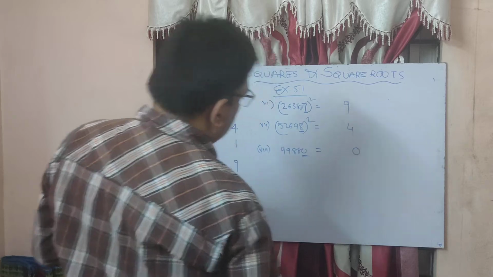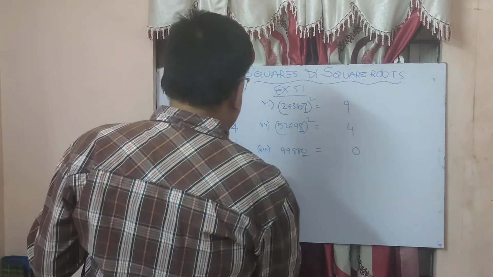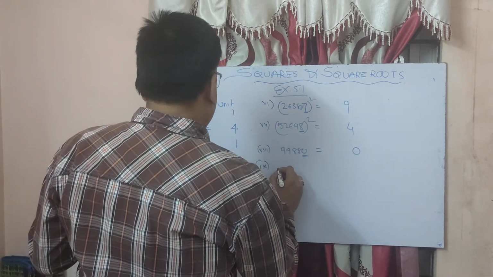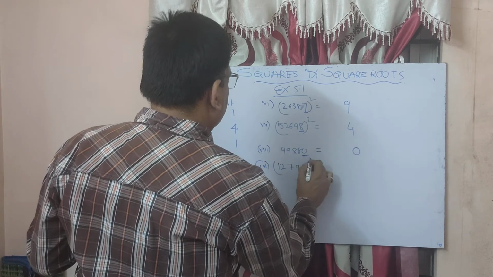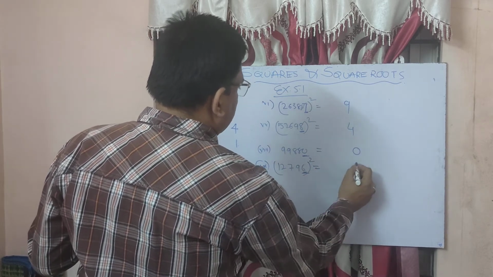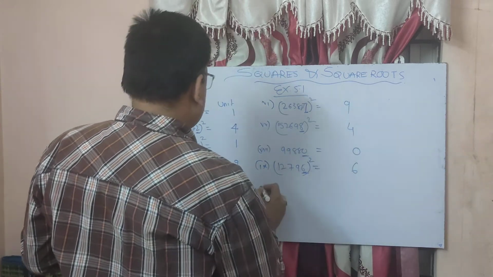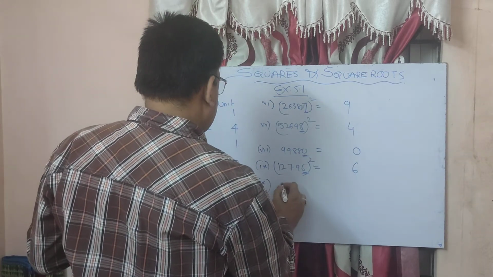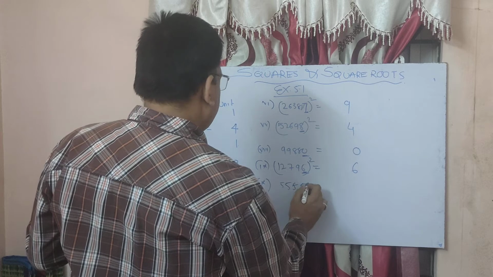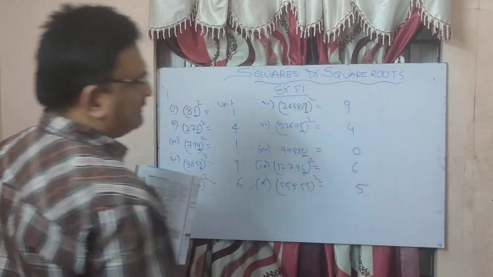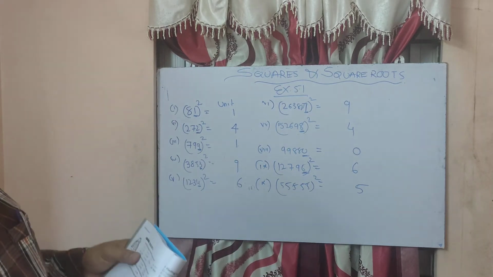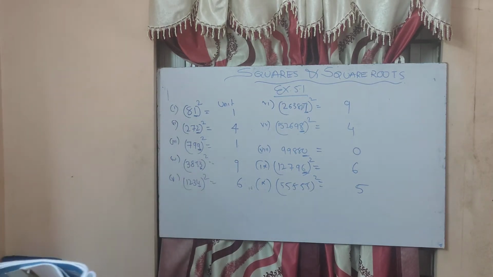It is again 0 only. 12796. If the last number is 6, the last digit will be 6 only. 5555. What will the last digit be? If the last is 5, the answer will always be 5 only.